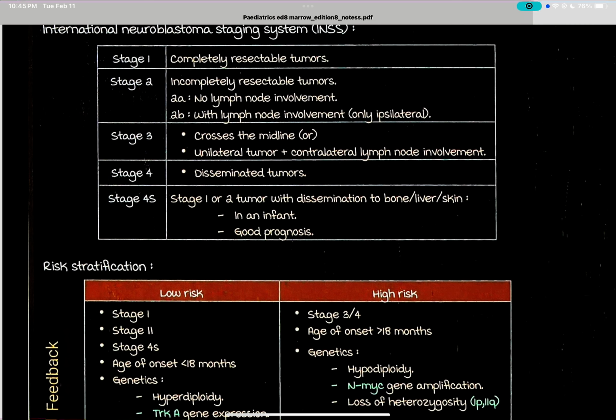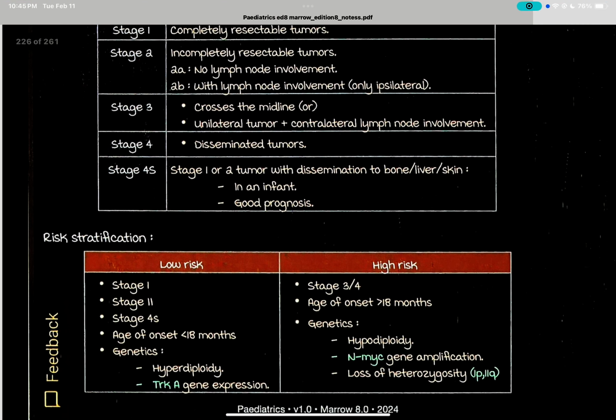Age of onset is less than 18 months. The earlier it happens, the better the prognosis in neuroblastoma. Genetics: hyperdiploidy and TRKA gene expression.